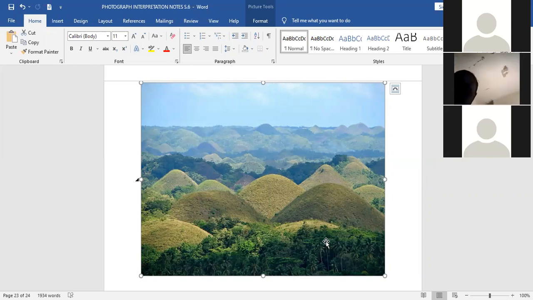Now, there is a common question that normally comes on this part: by giving evidence from the photograph, identify an area in East Africa where the photograph could have been taken.